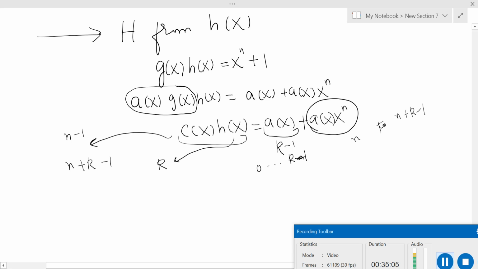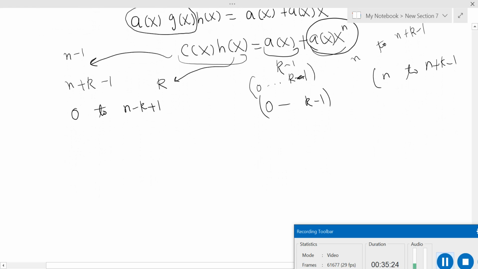So there is something missing. On the left hand side you have all the terms from 0 up to degree n plus k minus 1. On the right hand side, a of x contains terms from degree 0 to k minus 1, and this term contains degrees from n to n plus k minus 1. So what is missing on the right hand side? What are the missing terms?